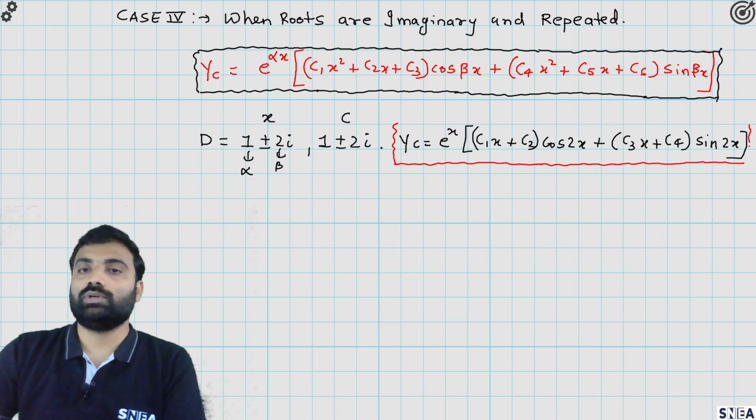e raised to x, c1x plus c2 cos 2x plus c3x plus c4.